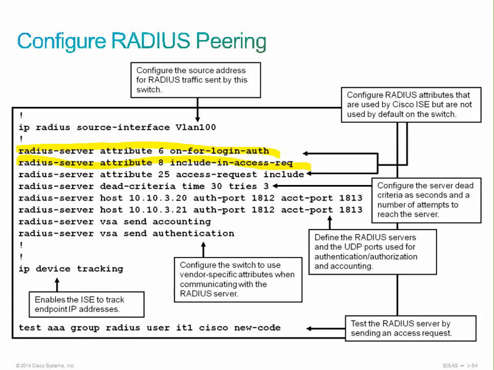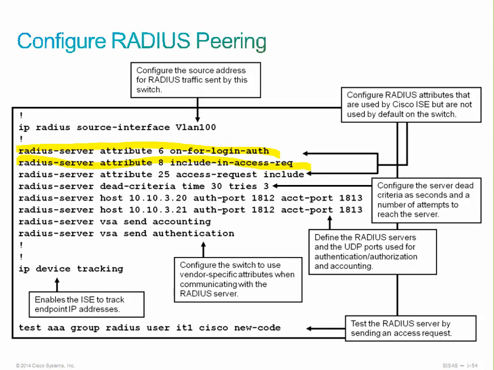You look at the 25. 25 is a class attribute. You know, we have different kinds of attributes. We have service type attributes and NAS attributes and so on. This happens to be a class attribute, and it's an accounting component, basically saying, hey, I want to include all the accounting packets for this user supplied by the Radius server.